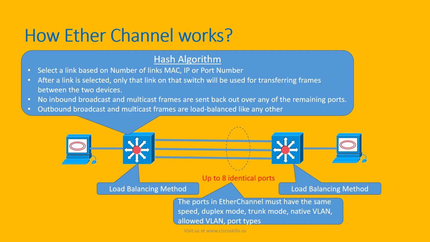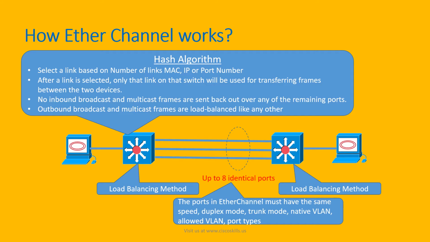There are some important notes here. First, after a link is selected, only that link on that switch will be used to transfer the frames between the two devices. So as you can see, the load balancing method on this switch is fixed.